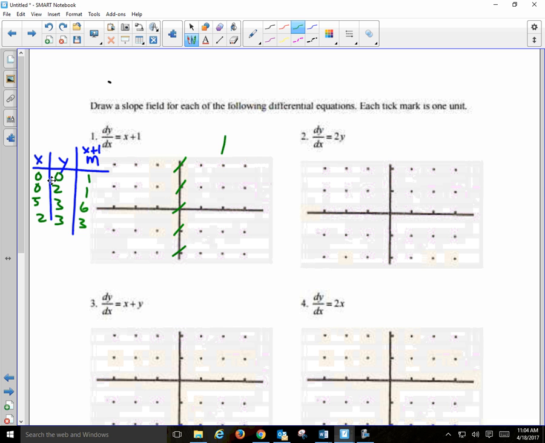Now, your question may be, how exact do your slope values have to be? Well, they should tell that they're positive, and they should know that it's bigger than a half. You should be able to tell that you're trying to draw it at about a 45-degree angle. Okay, what is my x value here? -1. So if the x value is -1 here, what's the slope?